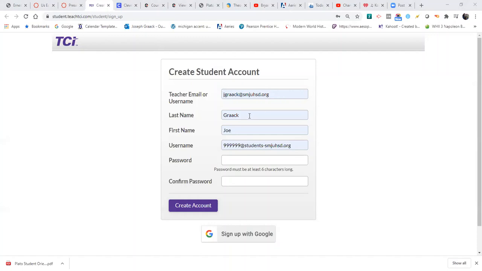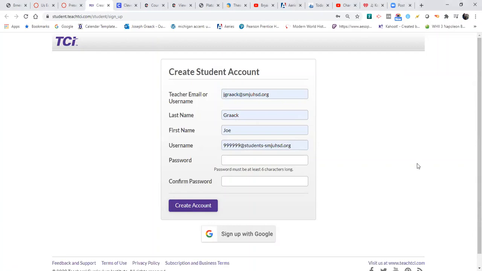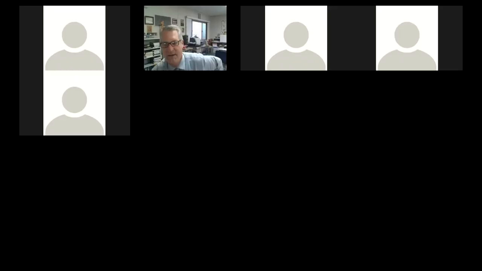I put that in the chat. Use your real first name, real last name. Here is an example of a school email address, and then I would use the same password that you used for your tablet and your school email address. And then once you click create account, you want to select economics period 1 from that box that's going to come up. And I can check and see as you get in. Questions, you can throw them in the chat room or you can just ask.